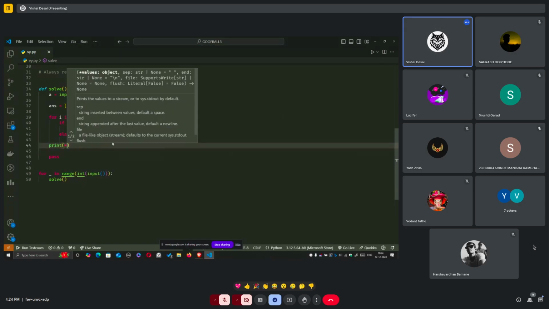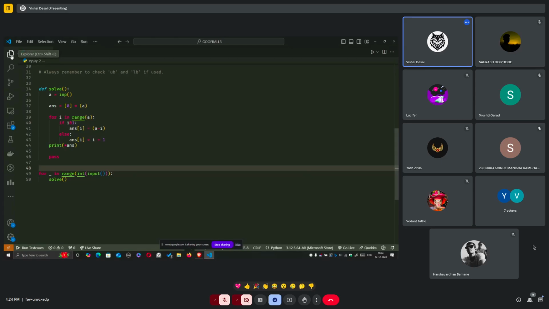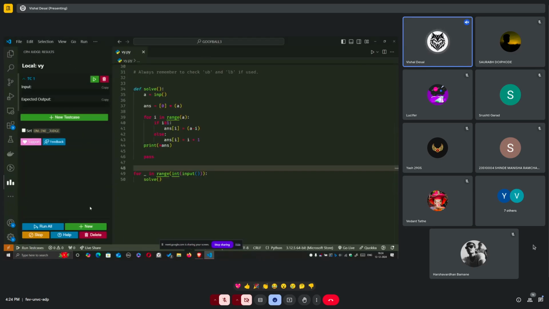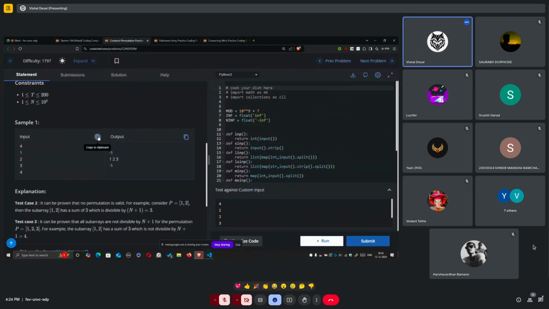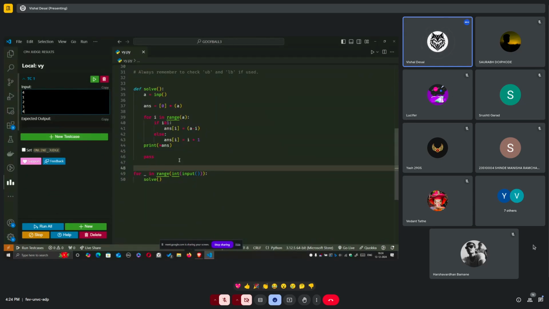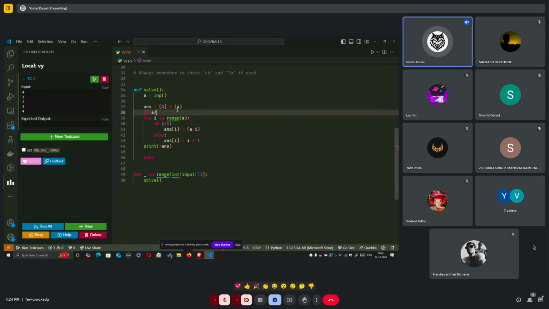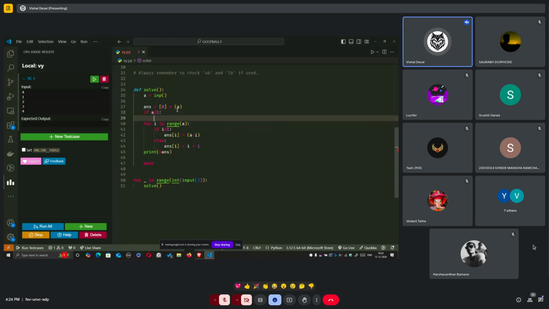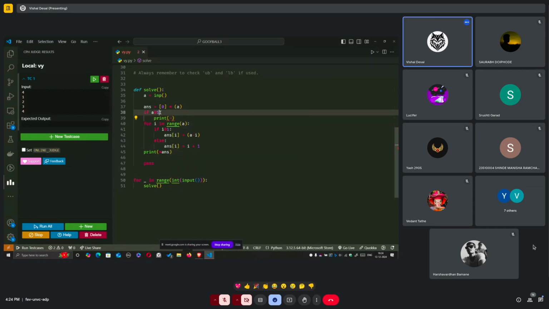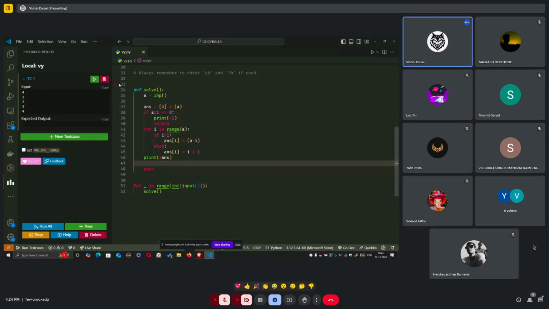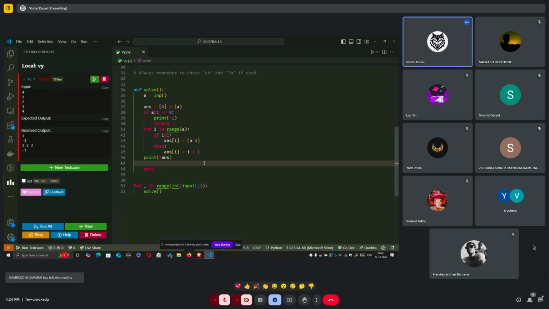And if I print ans, this will give you the implementation. And one more case: if a ampersand 1 is 0, then print minus 1 and return. That's it. So that's the solution.